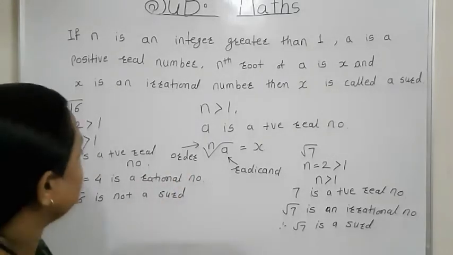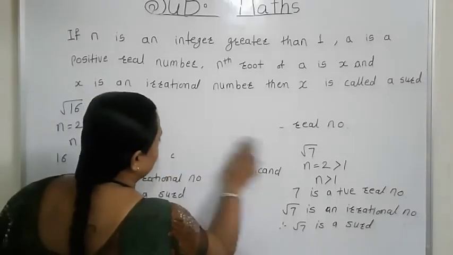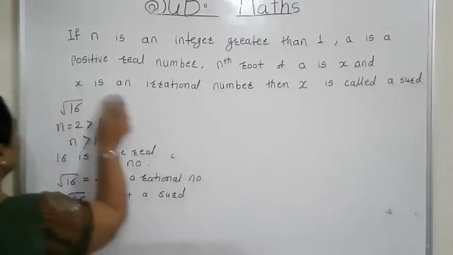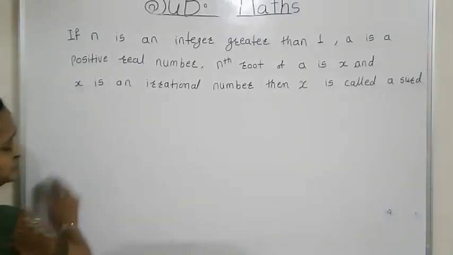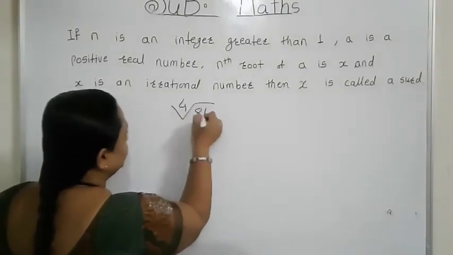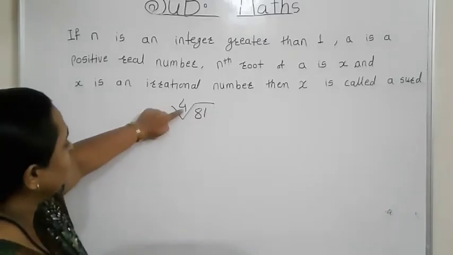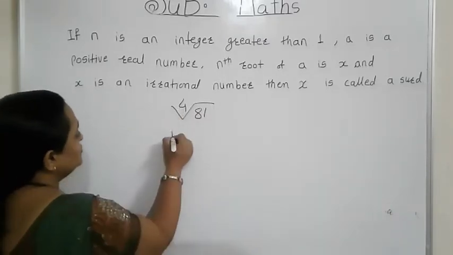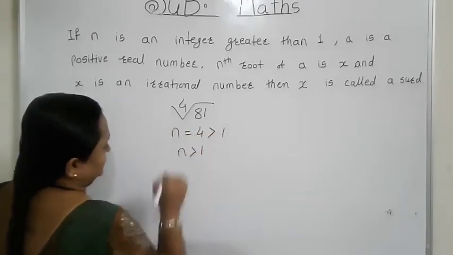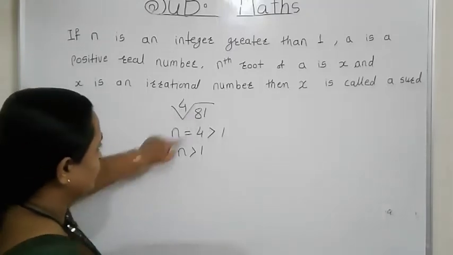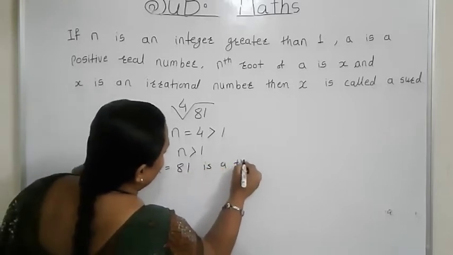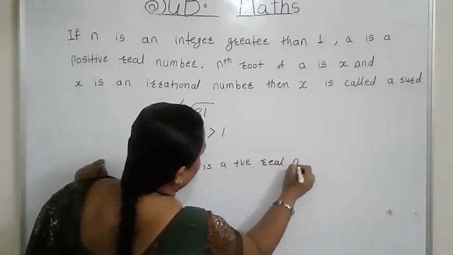Now see the next example. Fourth root 81. In this example the order of the surd is 4, which means n is equal to 4. 4 is greater than 1, so n is greater than 1. The value of a is 81, which is a positive real number.